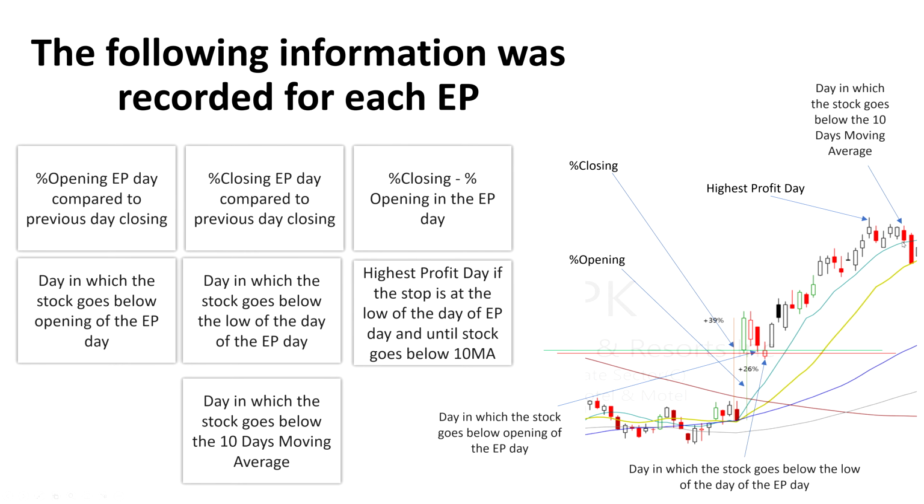I track this day in order to understand how this interaction takes place, because I try to see if the idea of trailing the stock below the 10 days moving average could be a good idea. This is also what Christian Kulamagi suggests, is to trail the stock below the 10 days moving average. So I try to confirm this assumption as well.